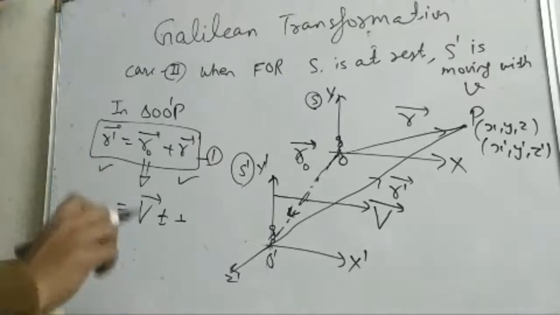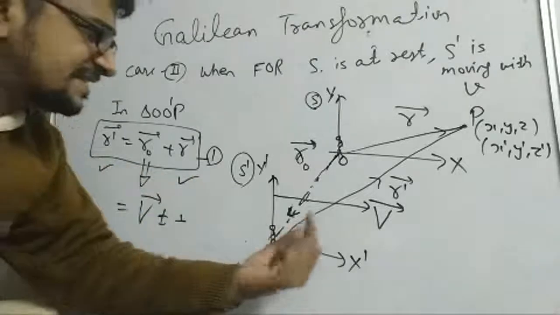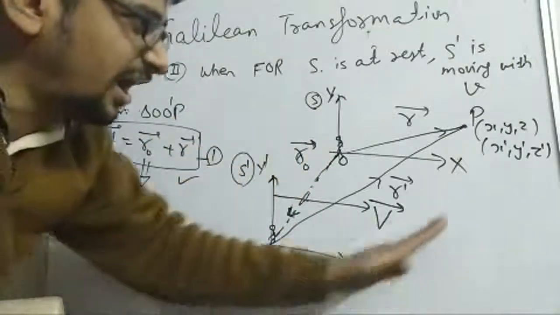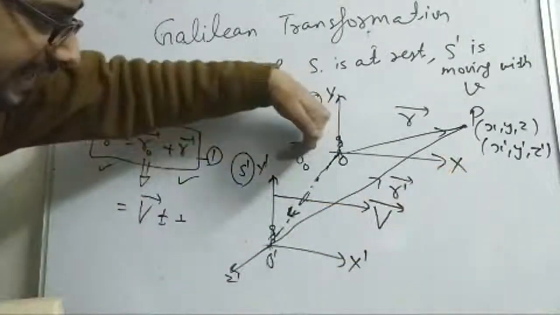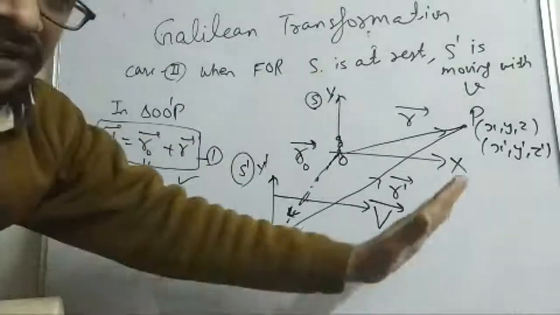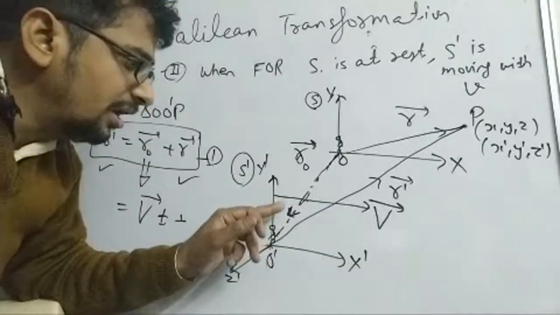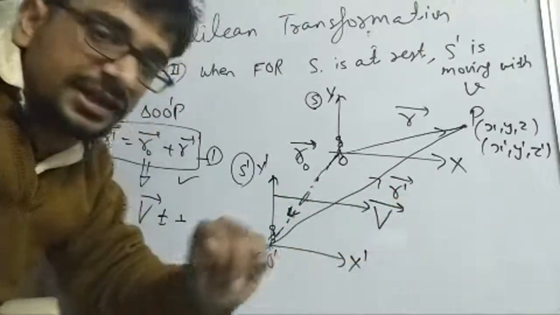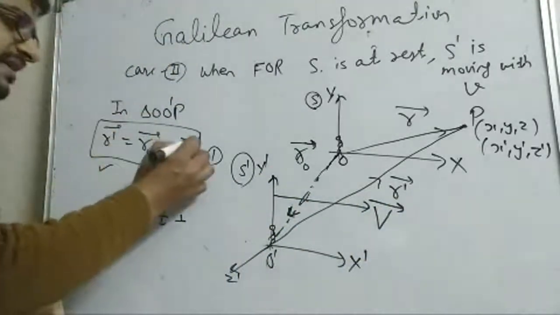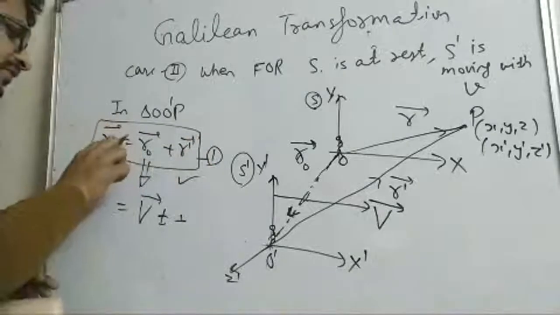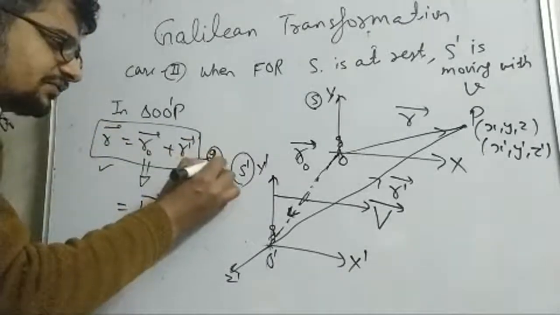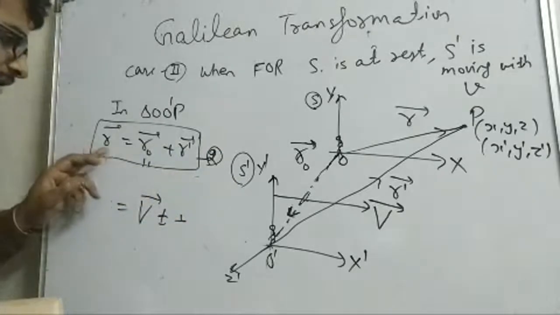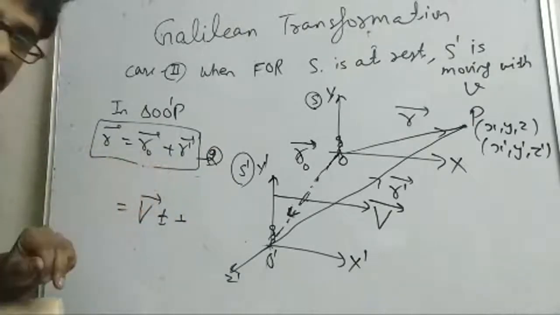Okay, thank you. Now you can see that in this case these consecutive sides are in the same order in the anti-clockwise manner. So this time the r naught vector will be added to the r dash vector. So this will be the r dash vector and this will be the r vector, and the second equation of the position vector will be r vector equal to r naught vector plus r dash vector.